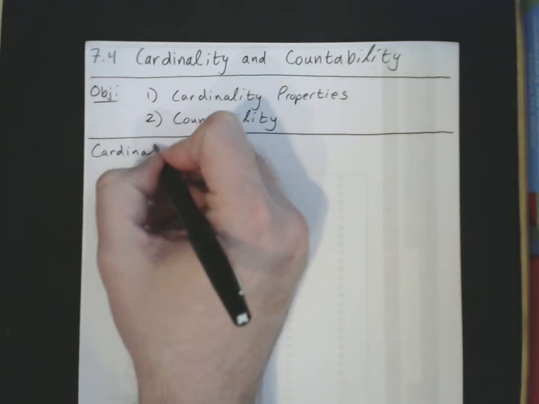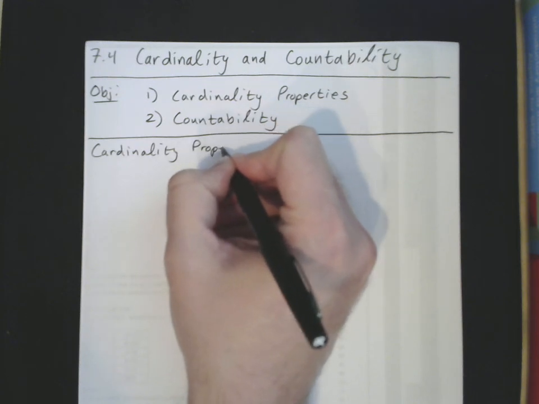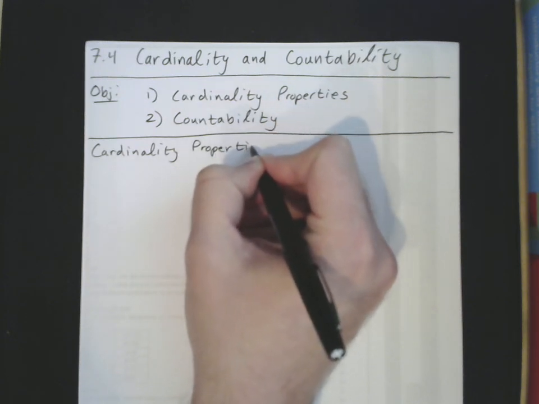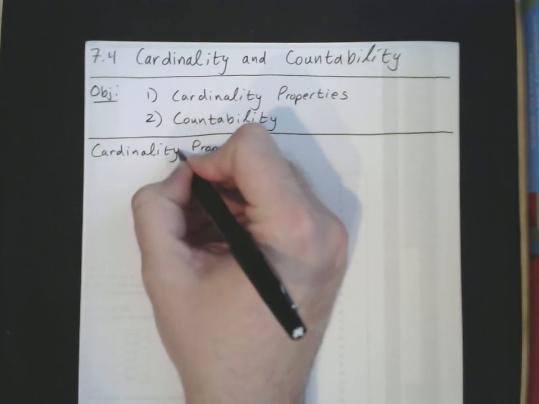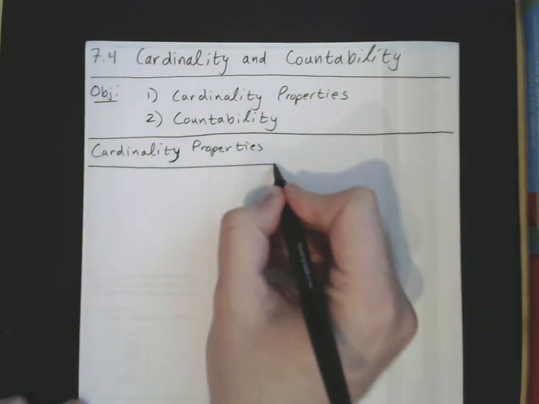So cardinality is a special property of sets that we look at. It's very similar to size. It does have some differences.